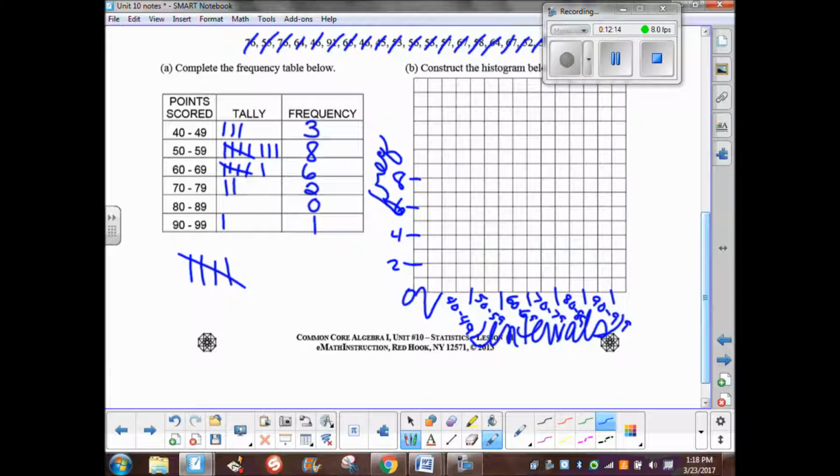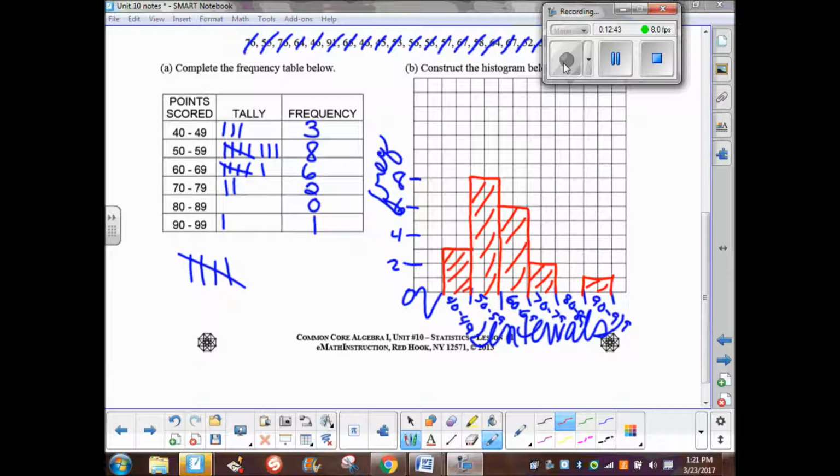You could even stretch it out a bit more to take up as much of the graph as you want. Make sure you start your first interval at 40 to 49. Don't start it where the break is. In the interval from 40 to 49, there were 3 games. Make those bars nice and neat. Okay, go ahead and complete your histogram.